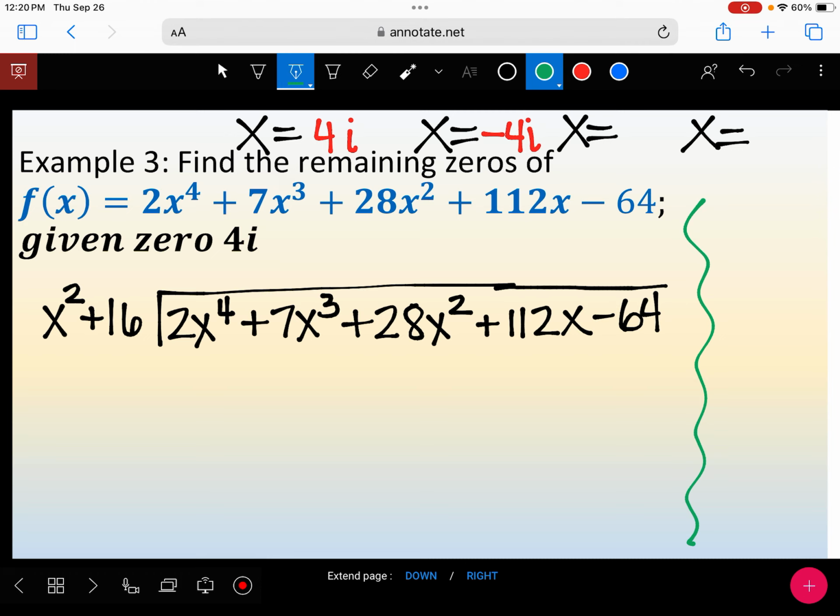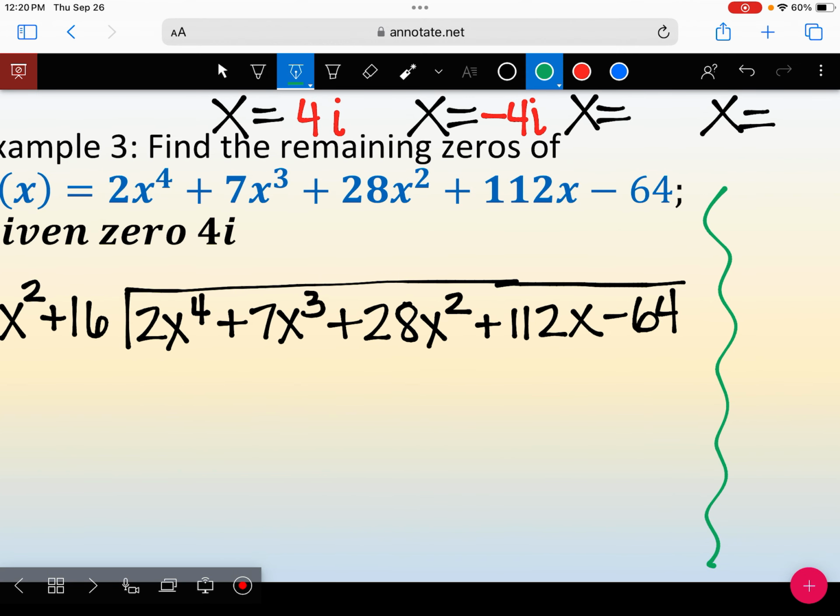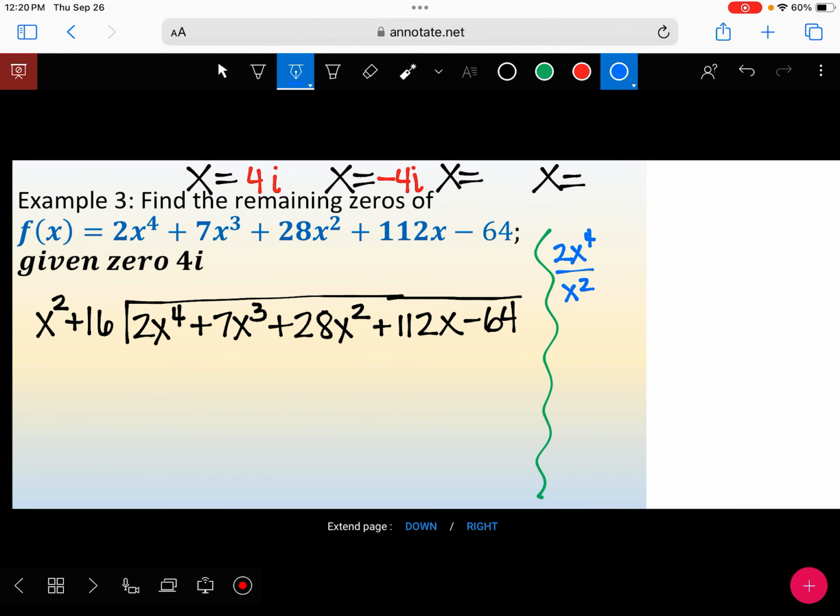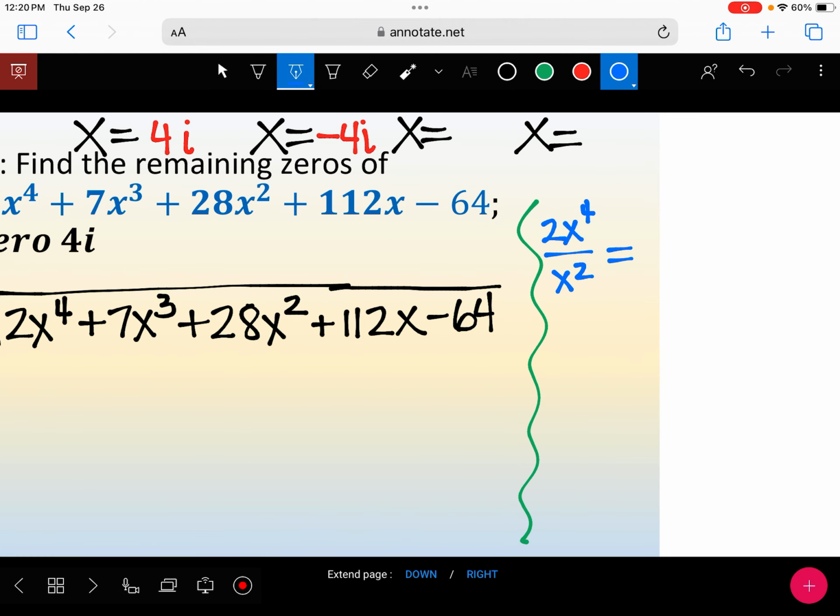So take 2x to the 4th and divide it by x squared. What does that give us to put on the roof? 2x squared. Put that on the roof.